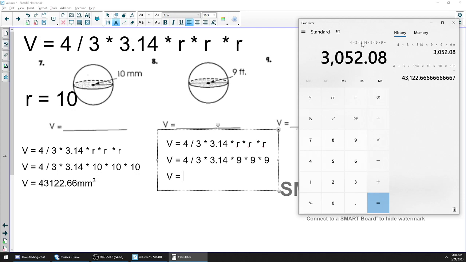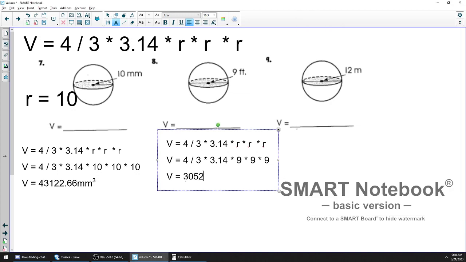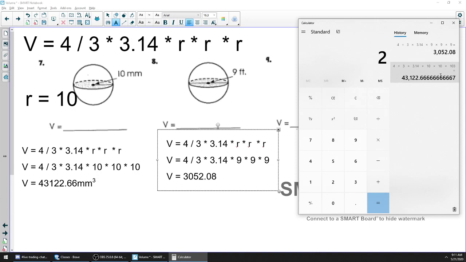Something seems weird. Okay, so this one was 3052.08. And if I look back, oh, I made a mistake here. I did 10 cubed incorrectly instead of 10. So again, I make an error. Let's correct it. Times 10, times 10, times 10.